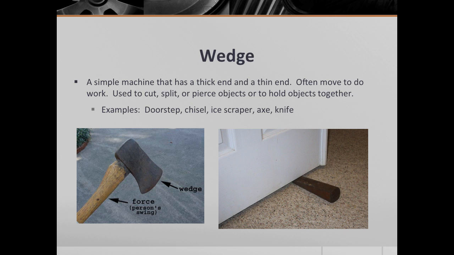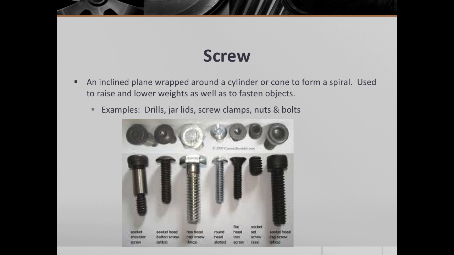Examples include a doorstop, a chisel, an ice scraper, an axe, or a knife. A screw is an inclined plane wrapped around a cylinder or a cone to form a spiral. It's used to raise and lower weights as well as to fasten objects. Examples include drills, jar lids, screw clamps, and nuts and bolts.